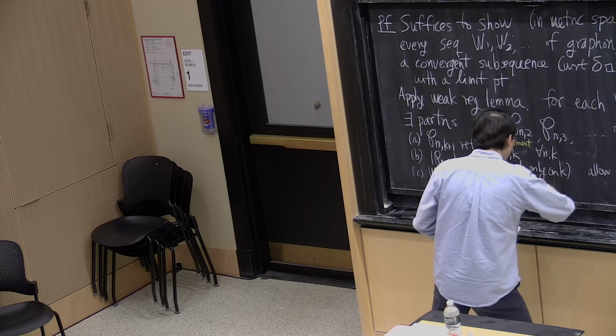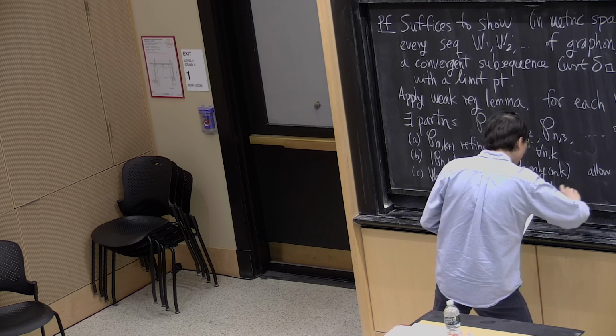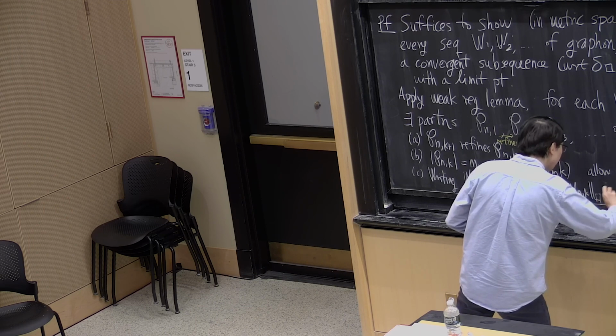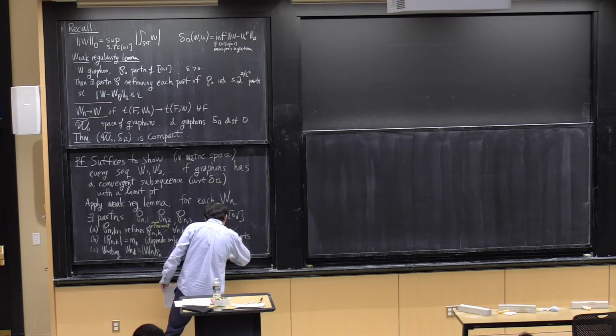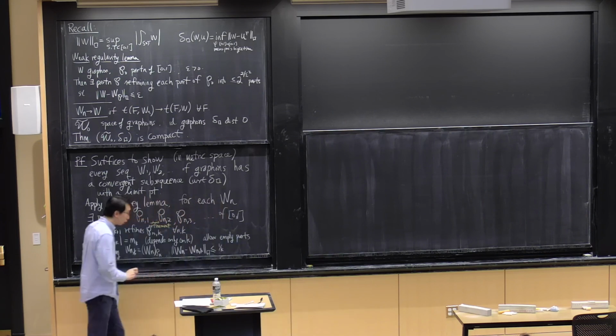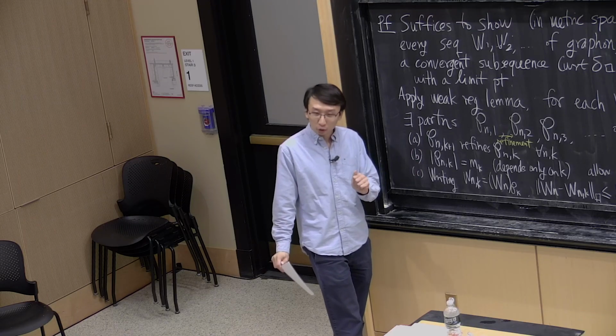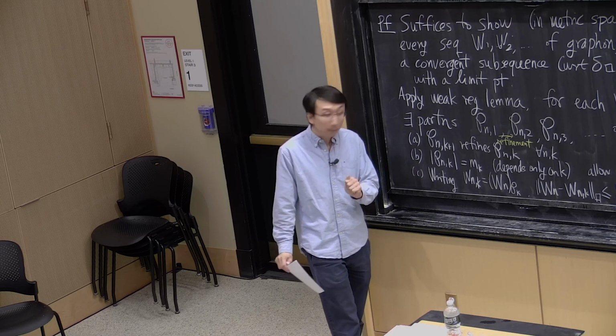The third condition is that the kth partition is a good approximation in the cut norm up to error 1 over k. So 1 over k is some arbitrary sequence going to 0 as k goes to infinity.